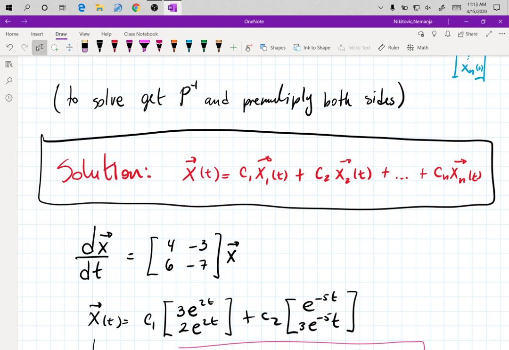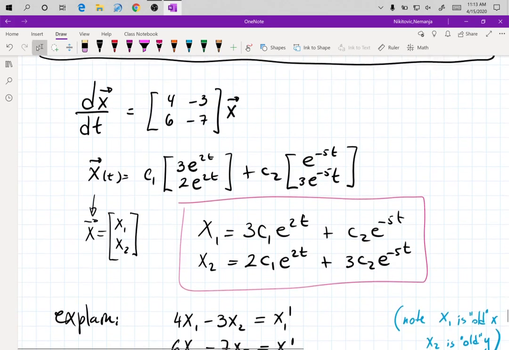So in a 2 equation case, we'll have x1 and x2. In a 7 equation case, we'll have x1 through x7. And we do the superposition of solutions like we did back in chapter 2, when we add all of the possible answers that we get. We add them all together, and we get the solution x of t.